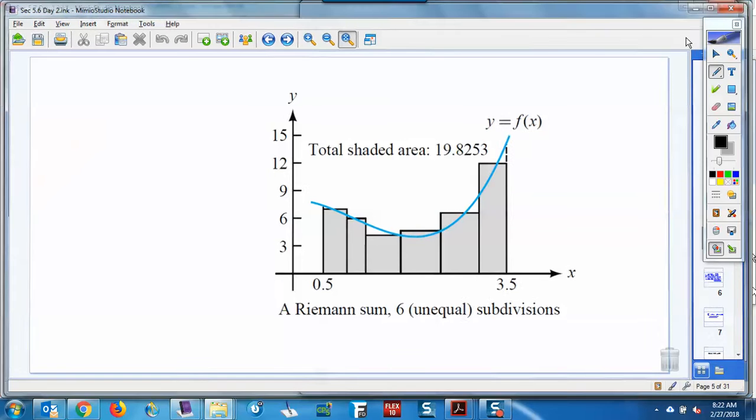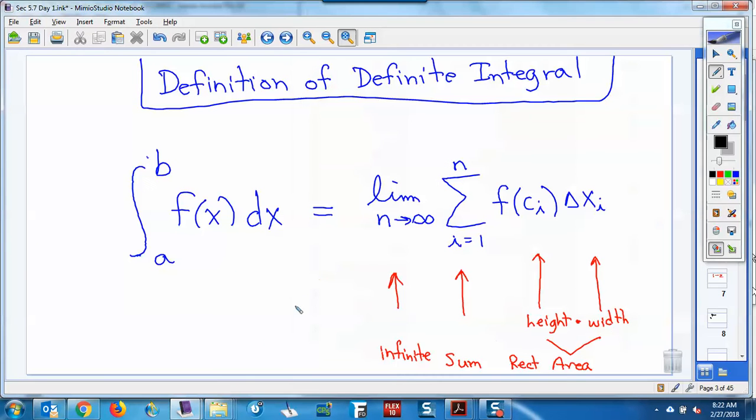So I'm not going to make you discuss that or anything. Just understand that's why they throw that in the definition. So it's usually good enough for us to just say we have an infinite number of rectangles, we get the exact area. But technically, there could be a situation where you have an infinite number of rectangles and it's not the exact area because the widths don't all go to zero.